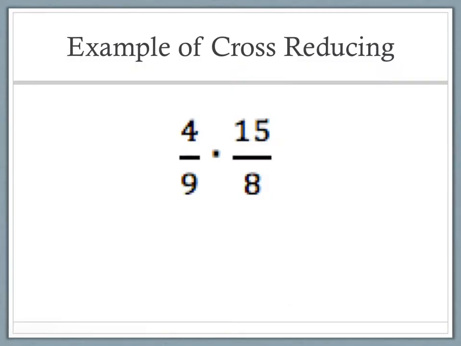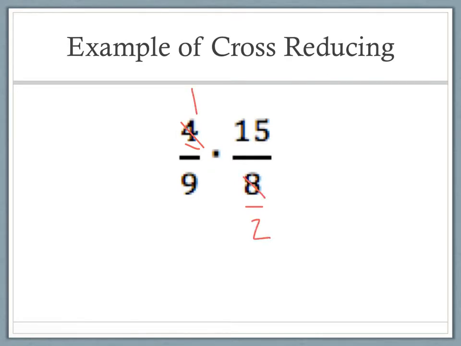Okay, so before we can go into this, a big concept is cross-reducing or cross-simplifying. So we already know that we can simplify fractions vertically, or up and down, but we can also cross-simplify them. So if I look at 4 and 8, I know that 4 goes into both those, so I can actually do 1 and 2.